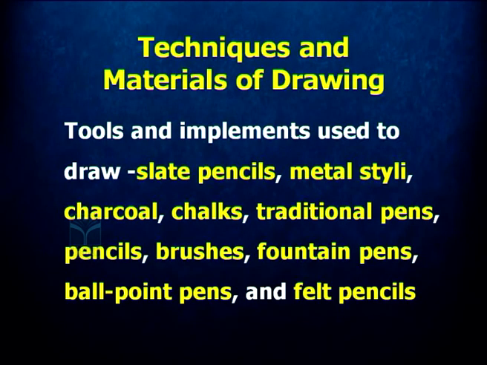So, in the history of art, in the practices of art in history and now, we have a variety of materials used by the artists. For example, pencils, the graphite pencils, something called metal styli. Metal styli is no more in use, but during the Renaissance times, metal styli was extensively used. It is a very common material.